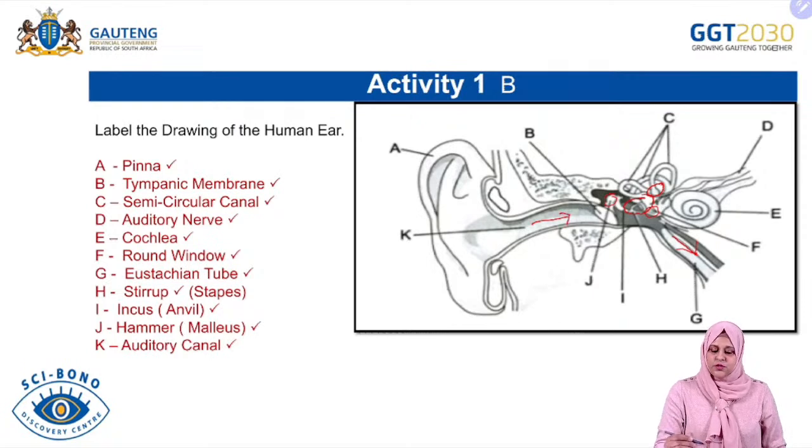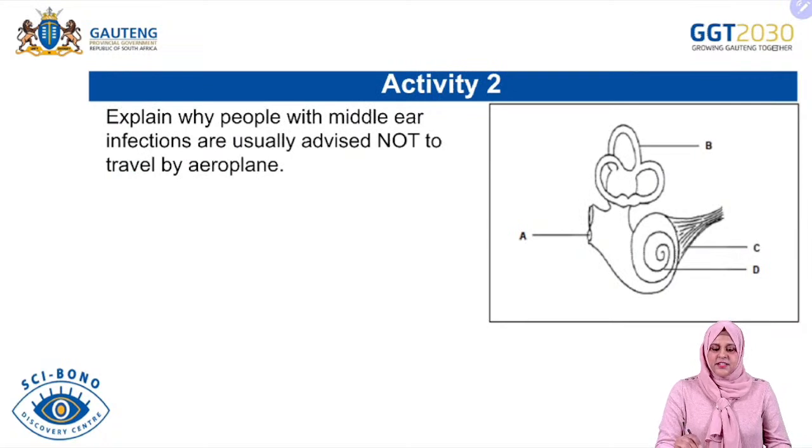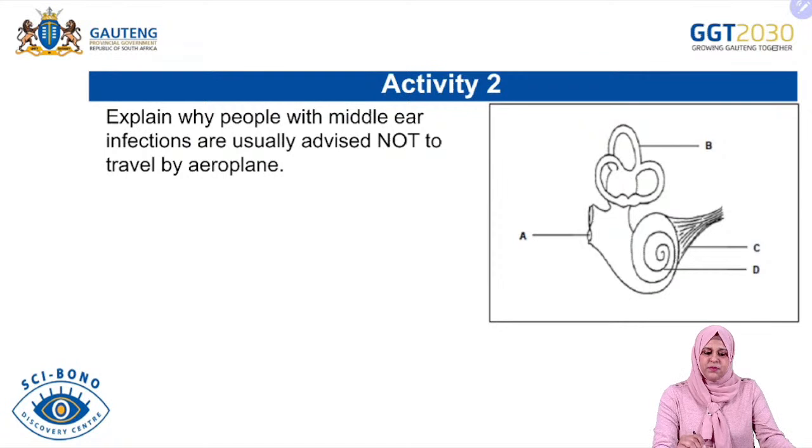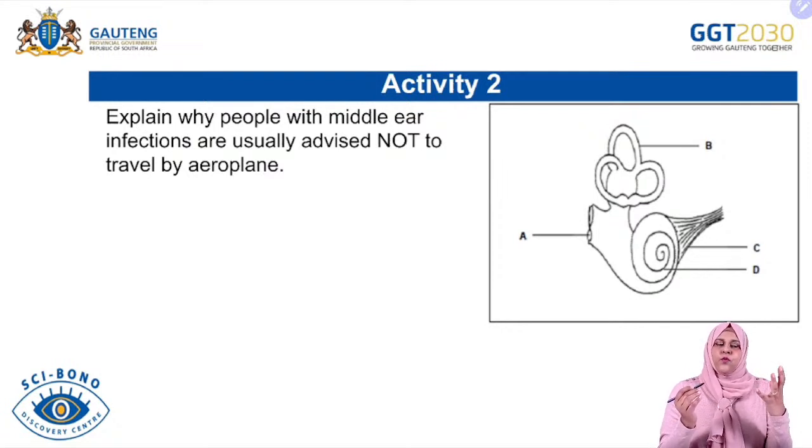Okay, so we'll do one more activity. Right, so we're looking at activity 2, and we are asking why people with middle ear infections are usually advised not to travel by airplane. What the examiners want, they can change the scenario, grade 12 learners.